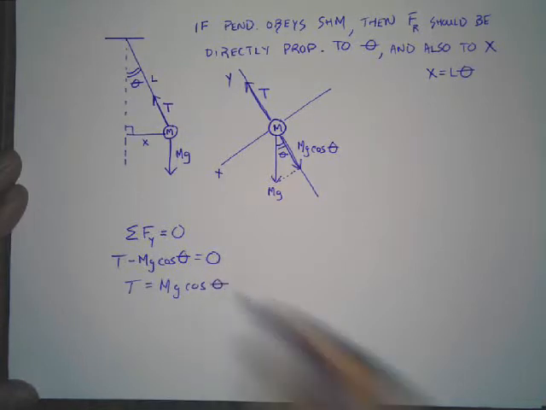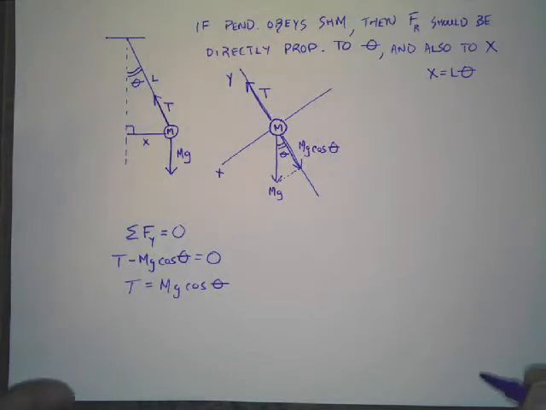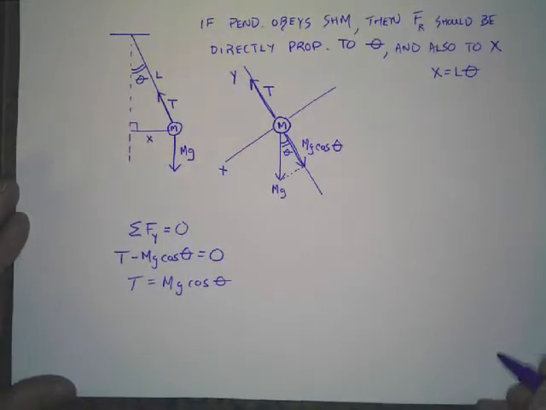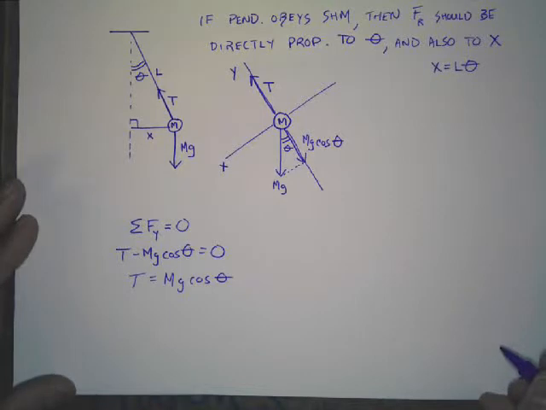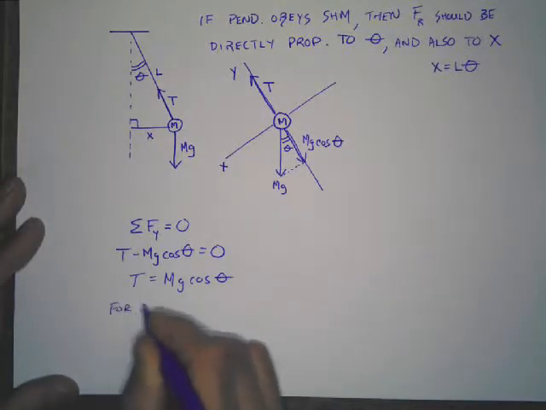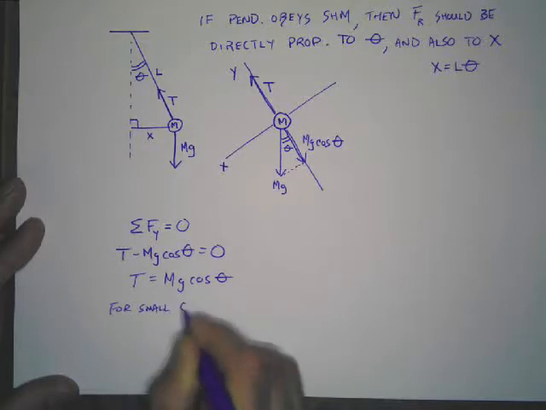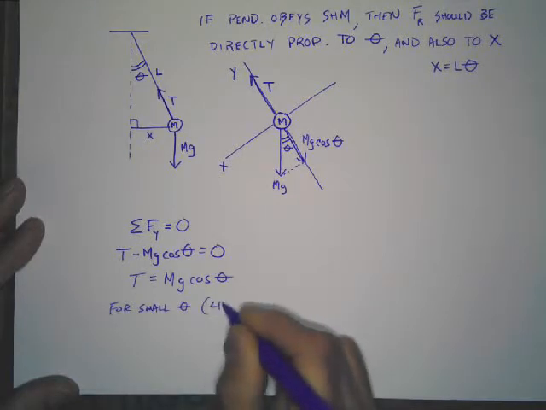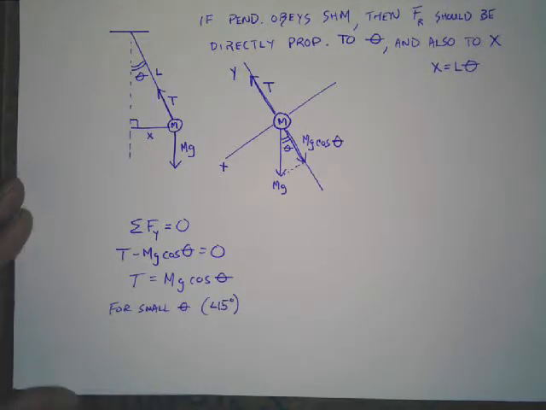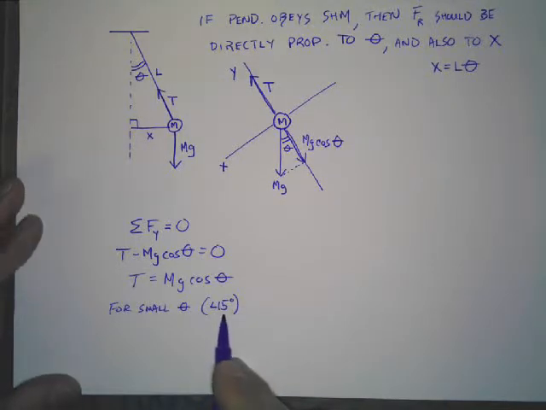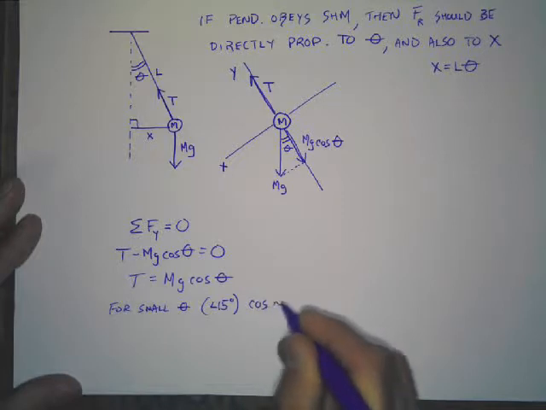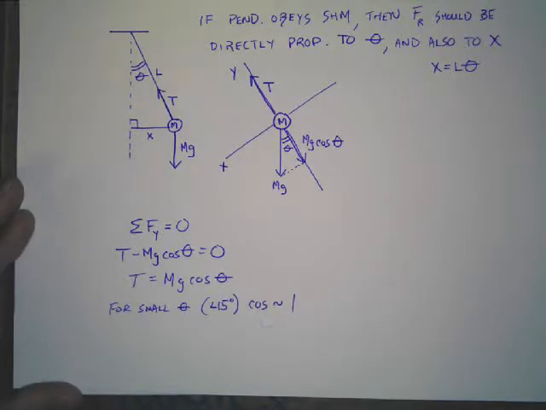And in fact, if you keep the angle very small, so for small theta, meaning less than about 15 degrees, the cosine is approximately equal to 1. All right? So for really small angles, the cosine is going to be close to 1.